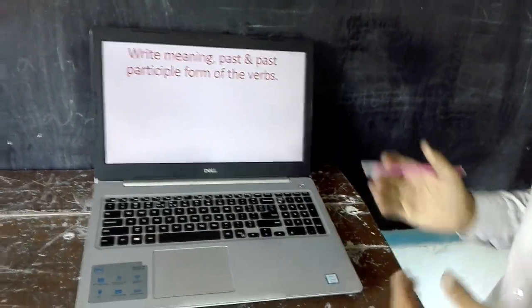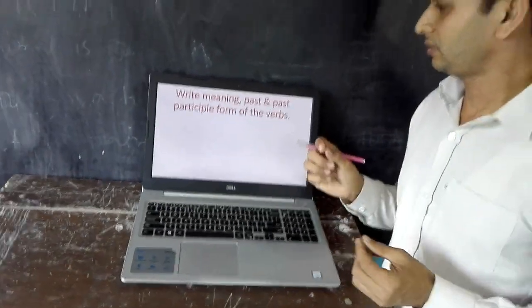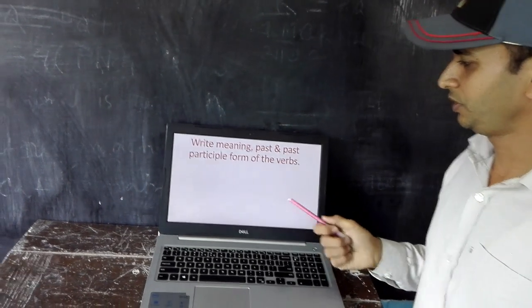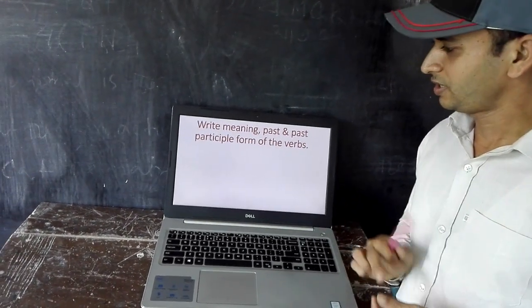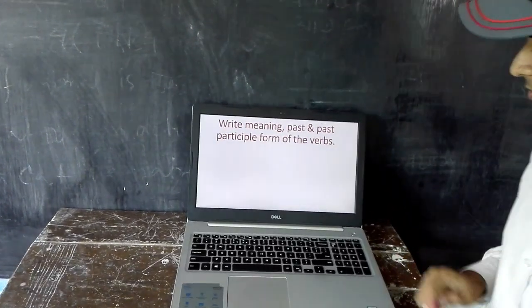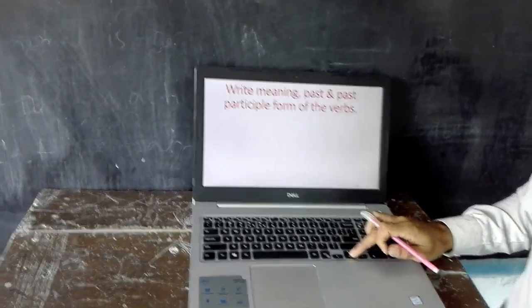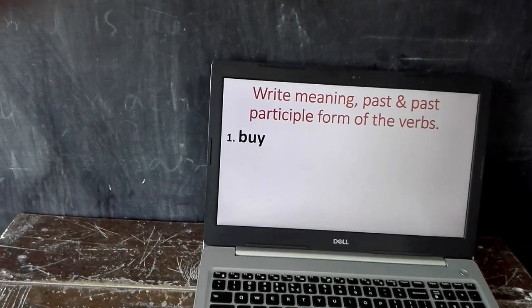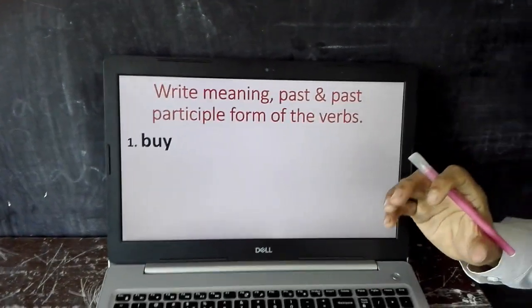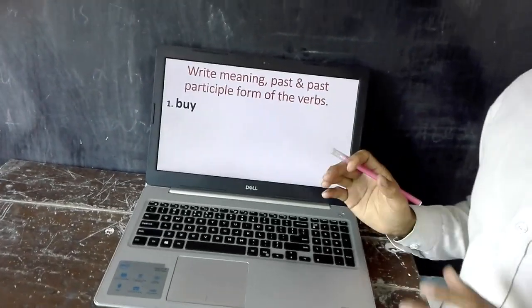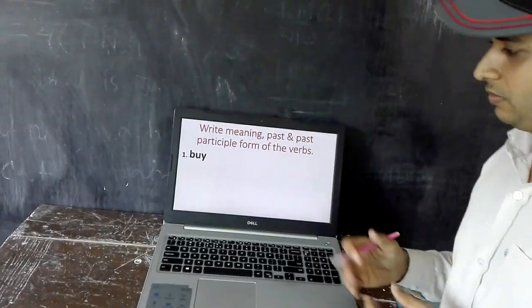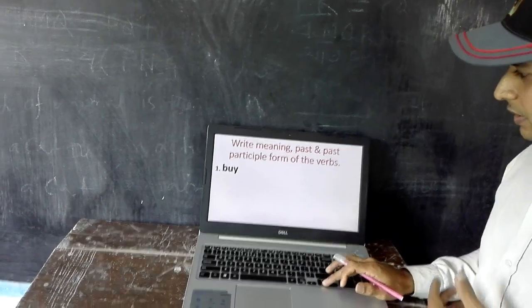So I'd like to add one more item to your homework, and that is writing the meaning, past and past participle form of principal verbs. I would like to give you some verbs here. Meaning, past and past participle form of these verbs you also write as your homework.